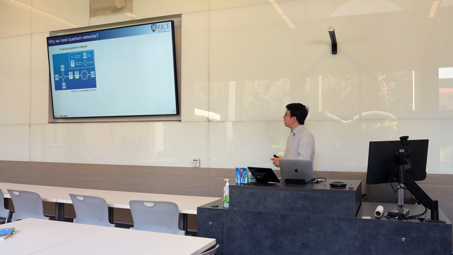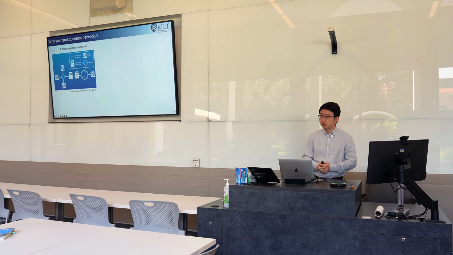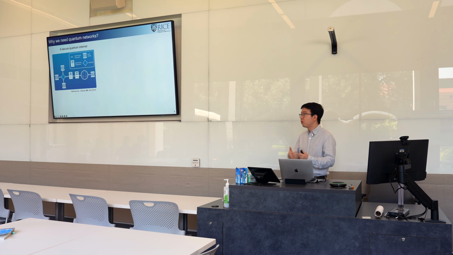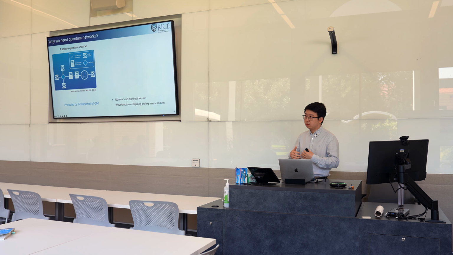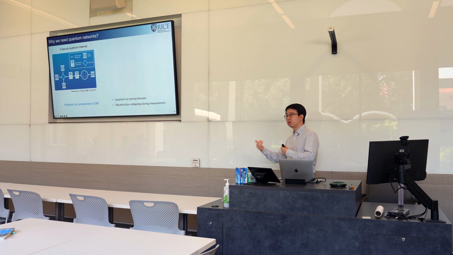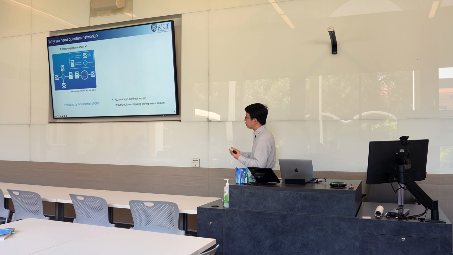So you may wonder, we already have very fancy classical networks, right? 5G, and nowadays people are talking about 6G. Why do we need a quantum version of this? There are a few arguments. The first argument is that the quantum mechanical version can give you security that does not have a counterpart in the classical network, and this is protected by how quantum mechanics works.